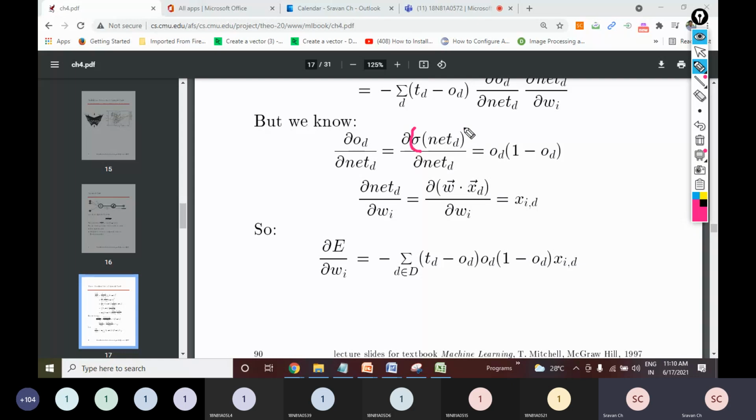On this output, net is my normal output of the perceptron. The sigma symbol means I have applied the sigmoid function on net. Sigmoid function is nothing but 1 by 1 plus e power minus net.